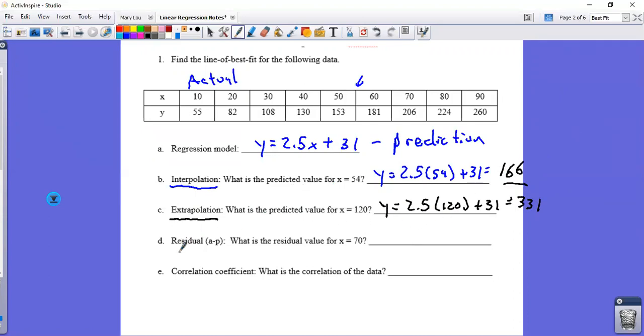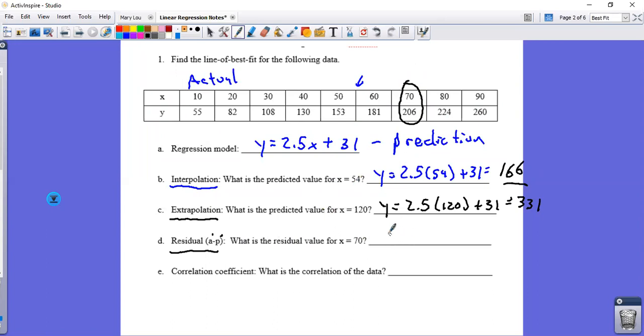All right, residual. This A stands for actual, the P stands for prediction. So a residual is how close your line of best fit is to the actual data. And I can only ask you for a residual when you have actual data. I can't ask you for a residual for 65 because you don't know the actual 65.